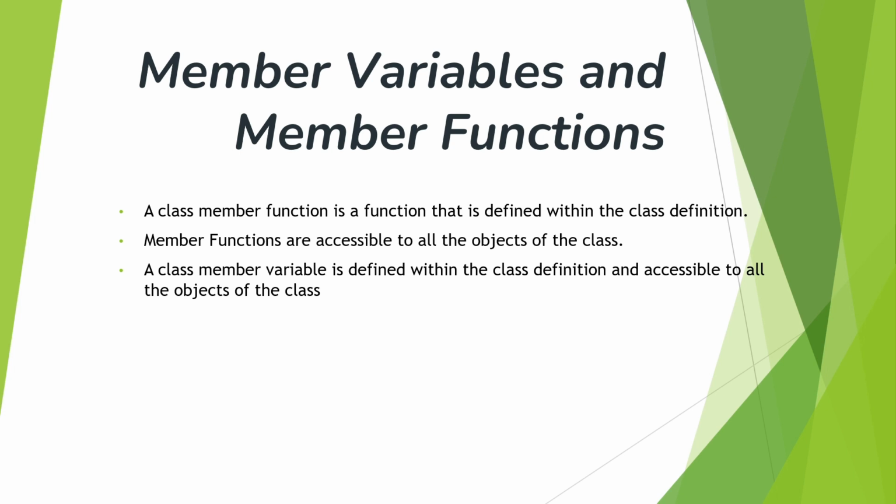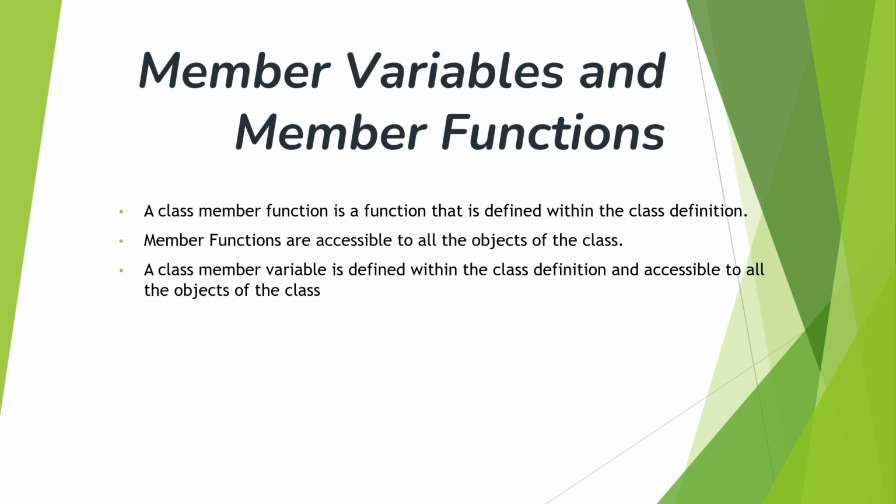Then what are member variables and member functions? A member function is a function that is defined within the class definition, like how I told you. While creating a class, you define some behavior, how the object should behave. Those behaviors are defined using member functions.